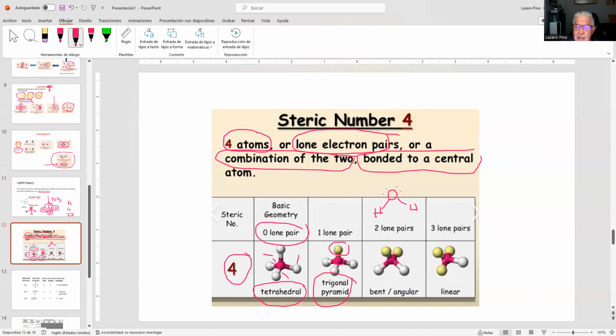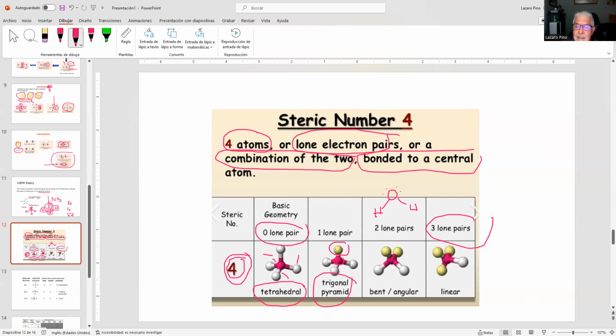Well, in the last case, we have 2 atoms, but 4 groups of electrons. 4 groups of electrons and only 2 atoms. These 3 lone pairs belong to this atom, and this atom doesn't have lone pairs.